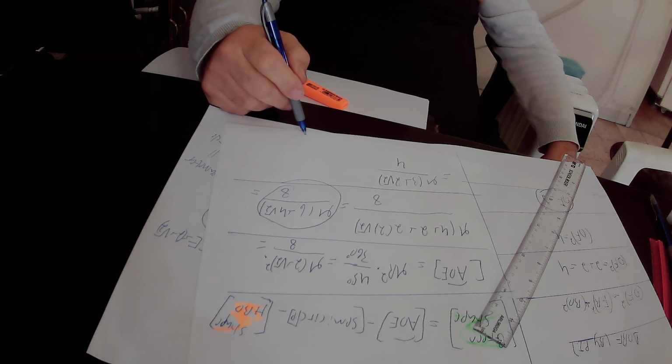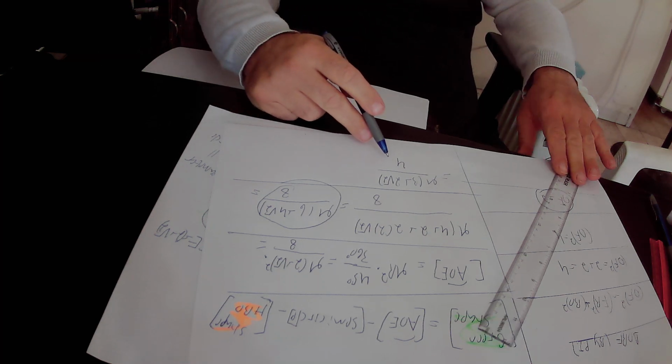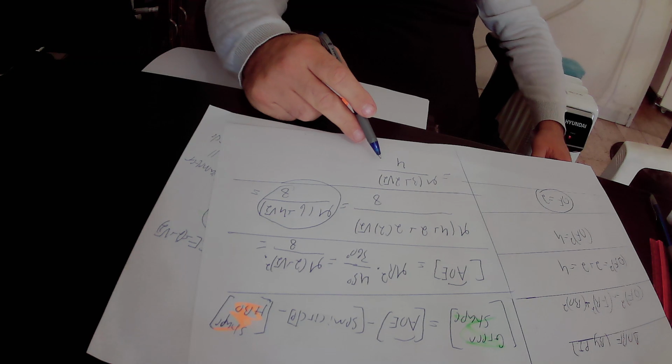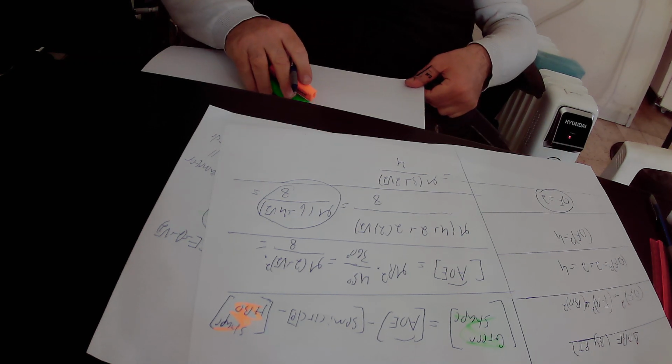So in conclusion, we found out that the area of the big sector AOE equals pi times 3 plus 2 times square root of 2 over 4 square units. So I write it down.